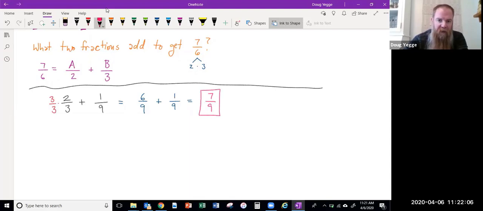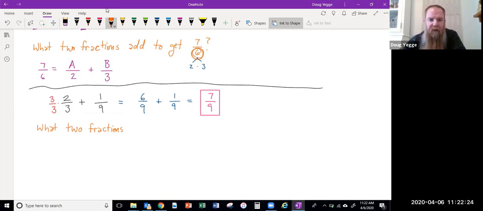But the question again that is going to have to be asked is, what two fractions add to give 7/9? Now, hopefully you recognize that this was a slightly different process here, because if you look up top, 6 had two different distinct factors of 2 and 3, right? But notice that now I'm trying to find out what two fractions add to get 7/9.